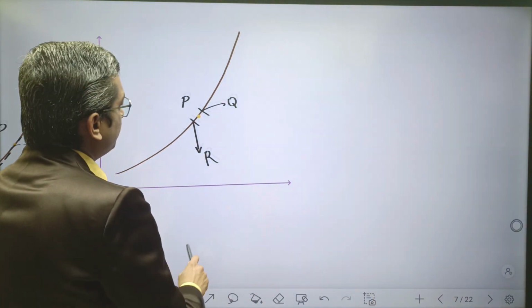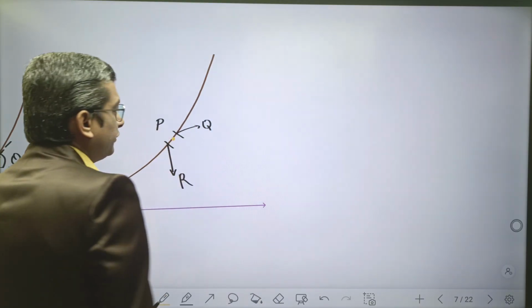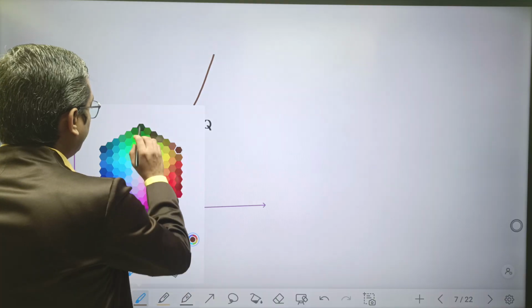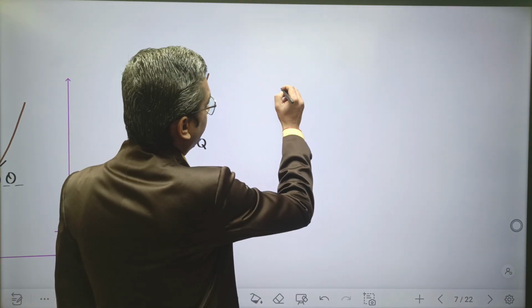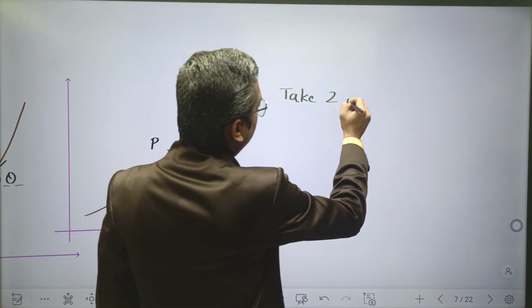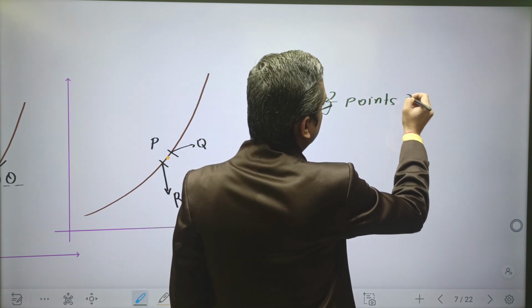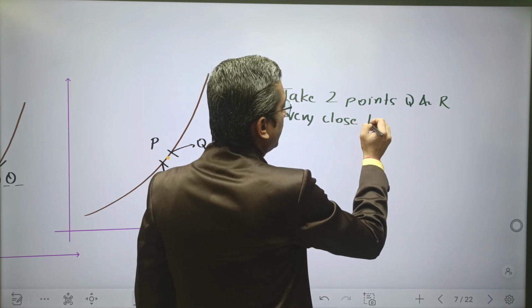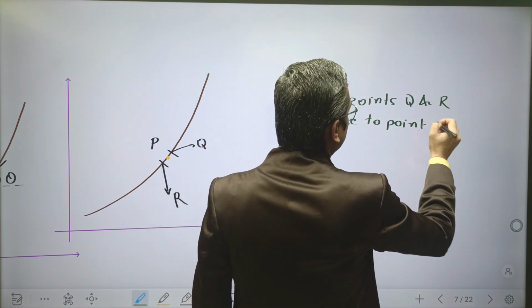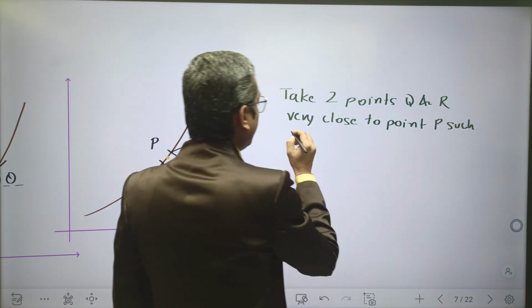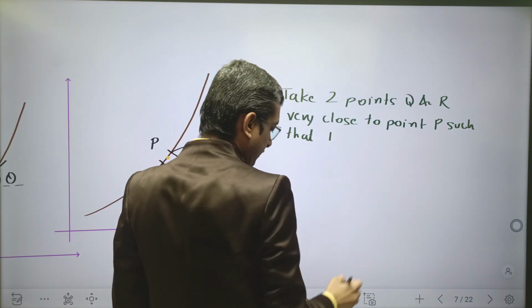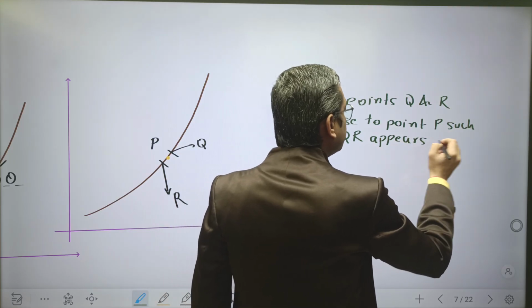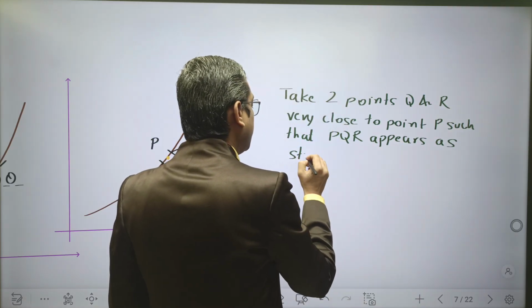So what is step number 1? Take two points Q and R very close to point P such that PQR appears as a straight line.